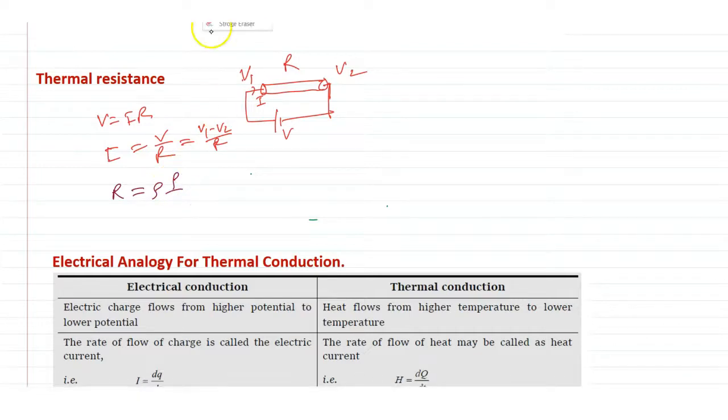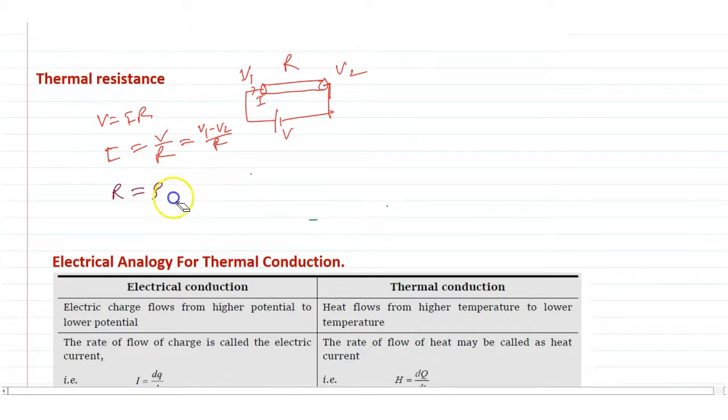Here L is the length, A is the cross-section area, and rho is the resistivity. Okay.